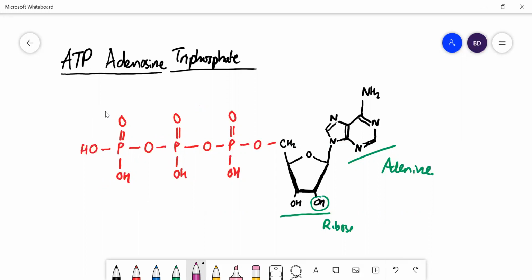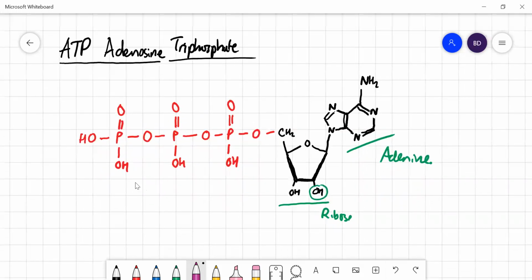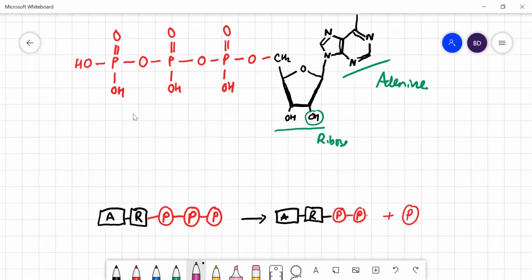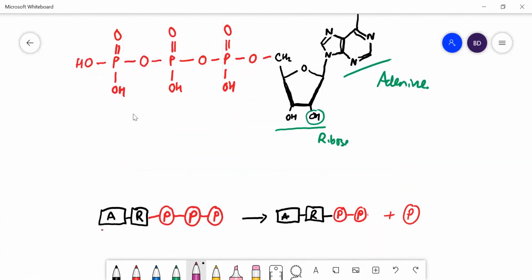Okay, so we've got 3 phosphates there. Now, you don't have to remember that structure. Very often it will be written like this: adenine, ribose, and then your 3 phosphates.